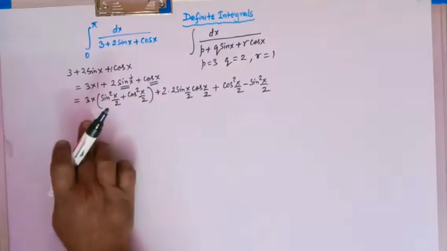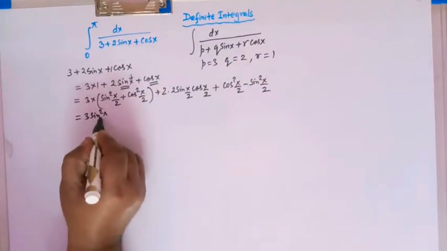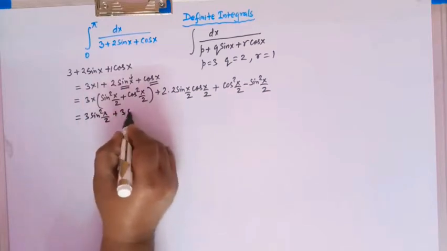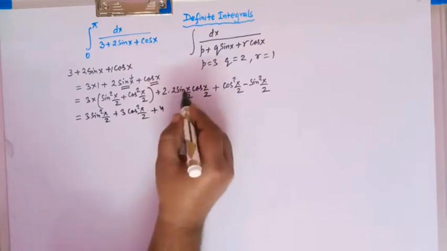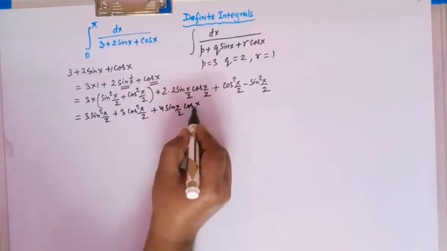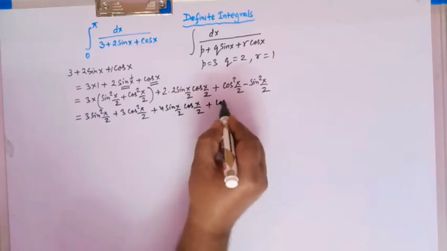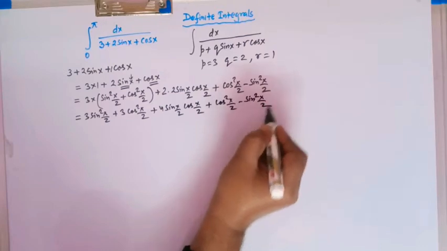Now we can simplify this. We have 3 sine square x over 2 plus 3 cos square x over 2 plus 4 sine x over 2 cos x over 2 plus cos square x over 2 minus sine square x over 2.